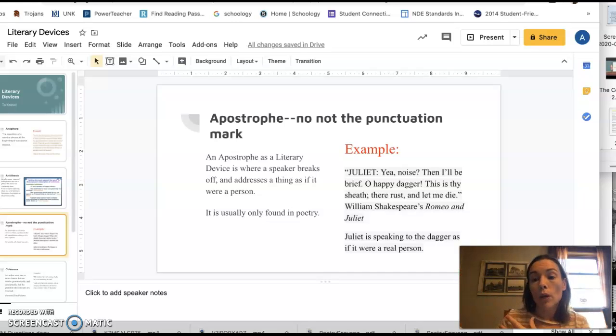Romeo has committed suicide. She's using an apostrophe when she speaks to this thing. She says, "Yea, noise? Then I'll be brief. O happy dagger, this is thy sheath. There rust and let me die." This is from William Shakespeare's Romeo and Juliet, and it is an example of an apostrophe.